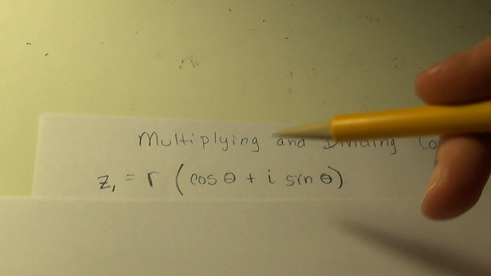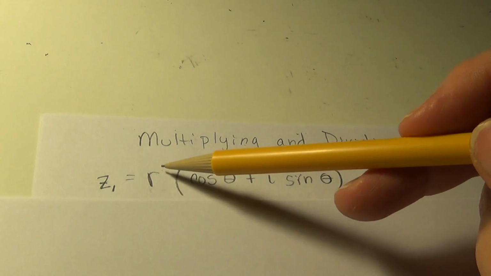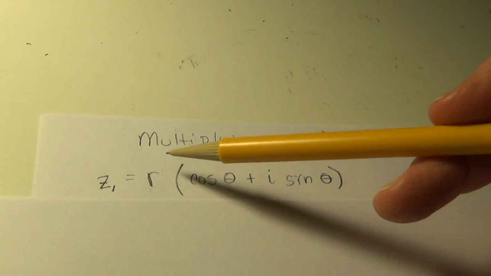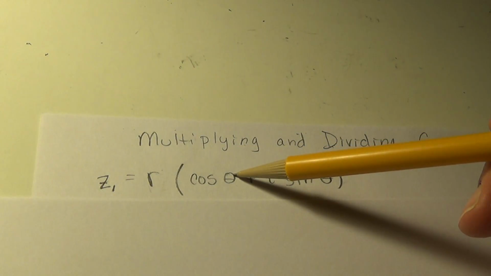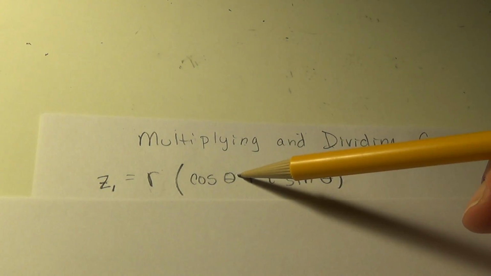I'll call it Z sub 1 equals, and there's a number outside the parentheses. That's the magnitude of the complex number, the distance from the origin, and then this is the angle that the complex number makes with the positive x-axis, which is now the real axis.